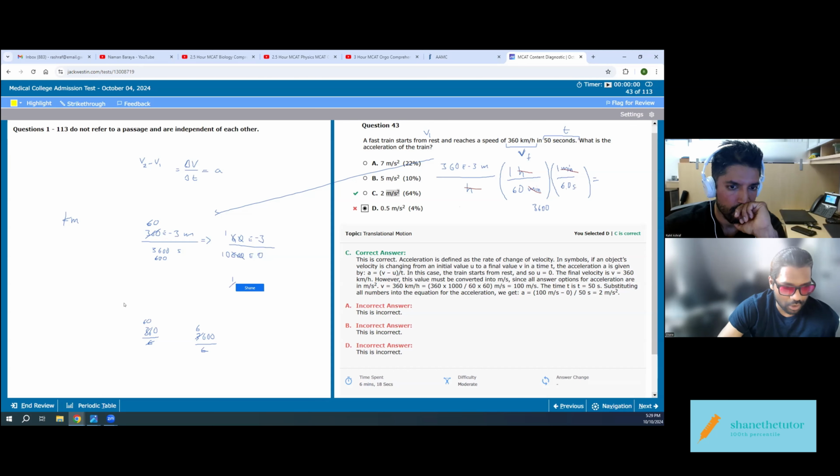So this is 1 over 10 times 10 to the negative 3 power. So that's 0.1 times 10 to the negative 3 power, which is 1 times 10 to the negative 4 meters per second.